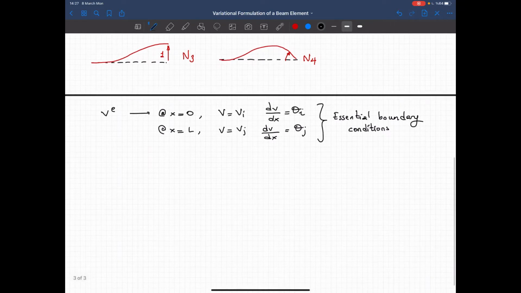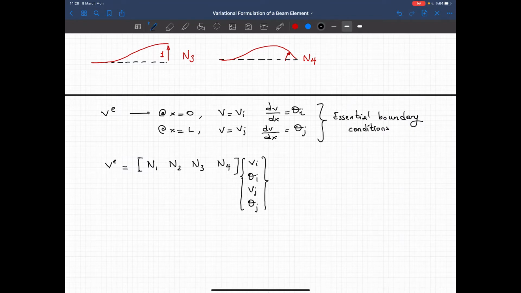So with this information in hand, I can define the interpolation function as follows. V is equal to N1, N2, N3, N4 multiplied by the end displacements Vi, theta i, Vj, and theta j. I can simply write my displacement field as the shape function multiplied by the nodal displacement.